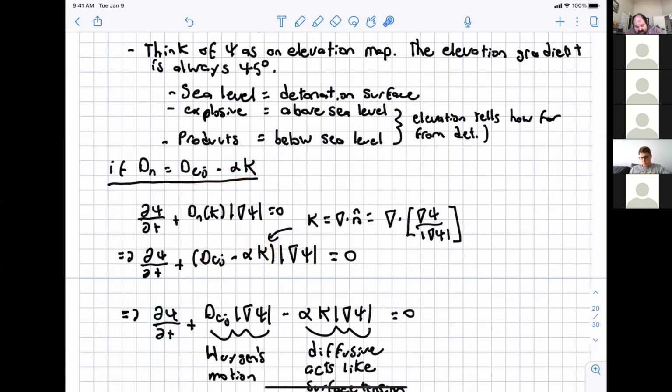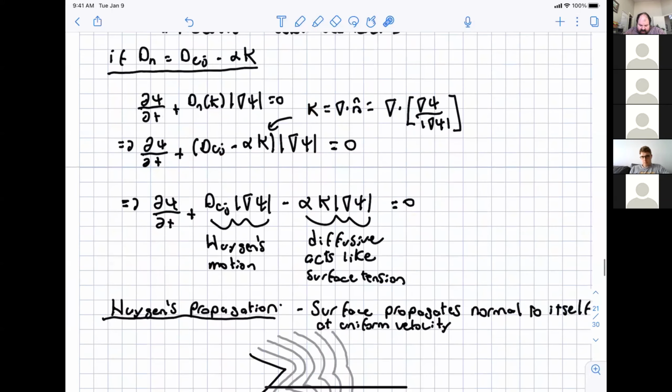Now we stuff in that kappa is equal to the divergence of the normal vector, which is the divergence of this crazy expression here. What you wind up with is that you can break this into the D_CJ portion and this curvature portion here.